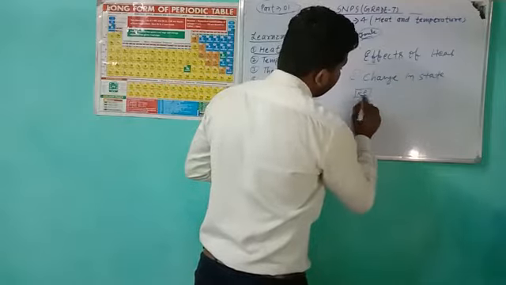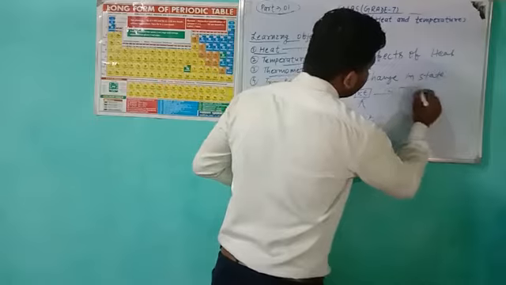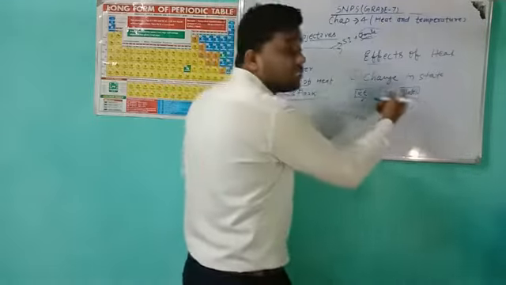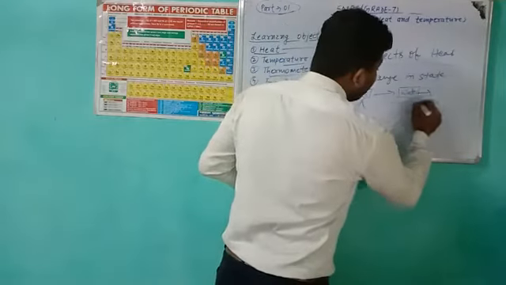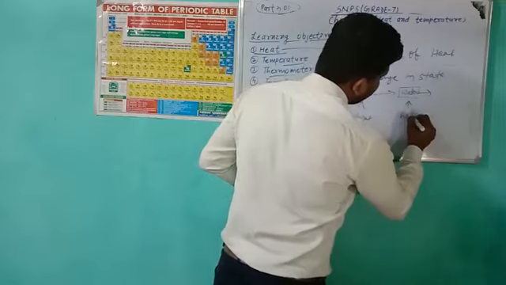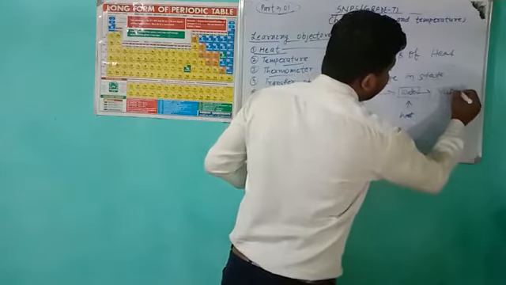it can change into water. That is, if we heat the solid, it can change into liquid, and when we heat the water, the liquid, it can change into vapor.